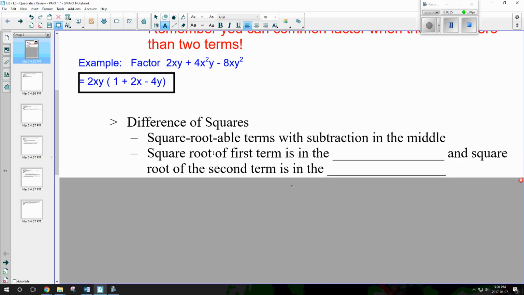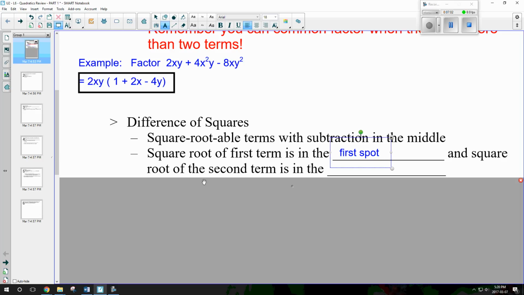So remember what we do, we square root the first term, and it goes in the first spot. So the square root of the first term, whatever it is, it goes in the first spot in our brackets.